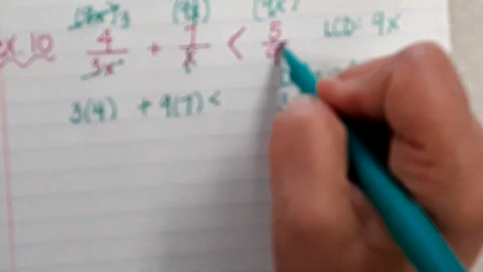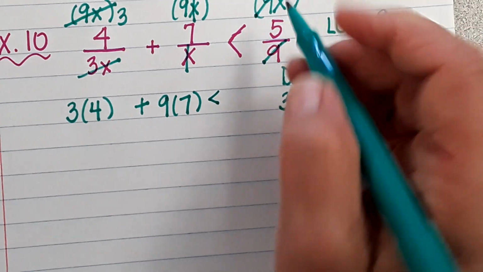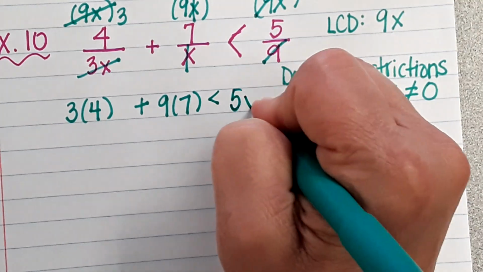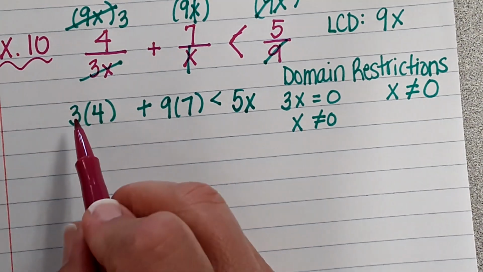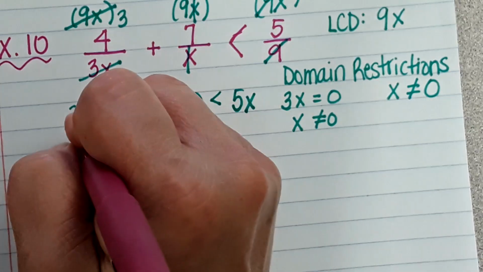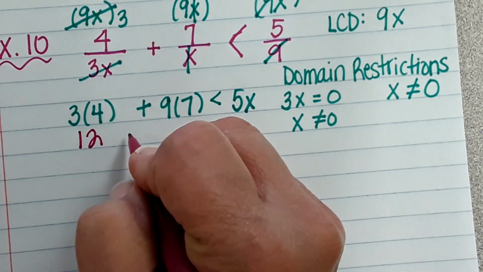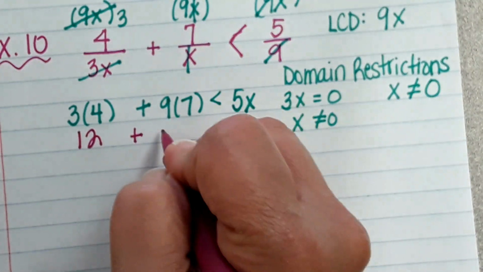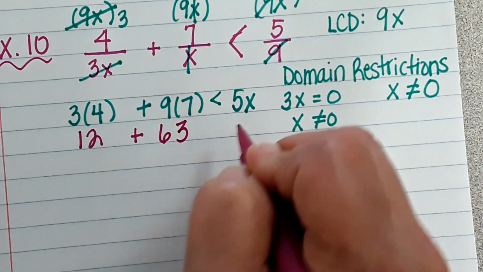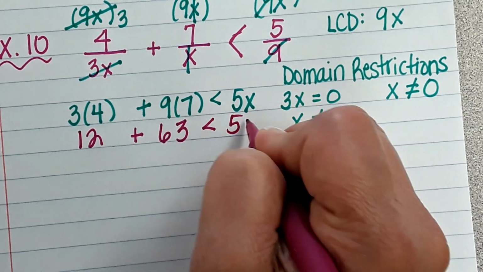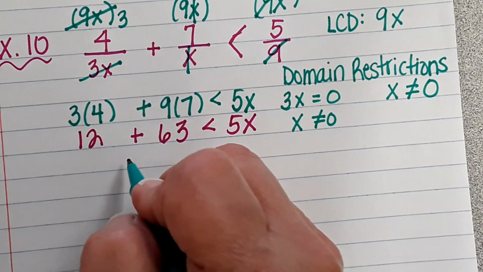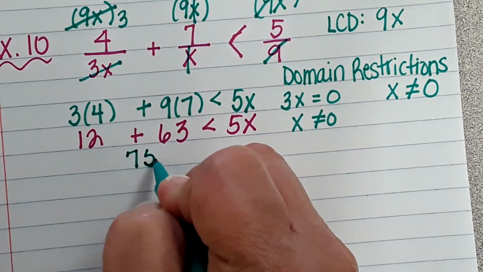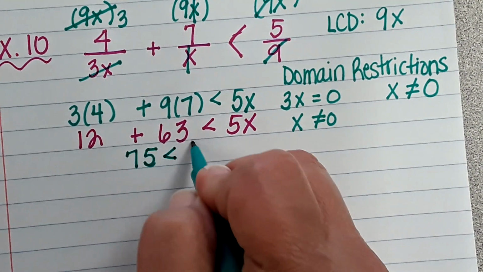Then 9 goes into 9, I'm left with x, so I have 5x. 3 times 4 is 12. 9 times 7 is 63, and that is less than 5x. 12 plus 63 is 75, which is less than 5x.